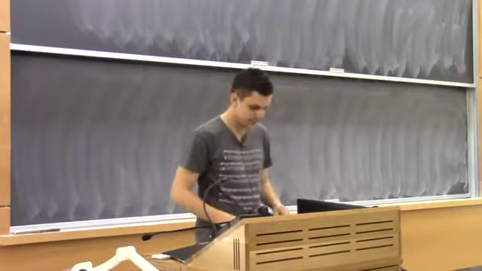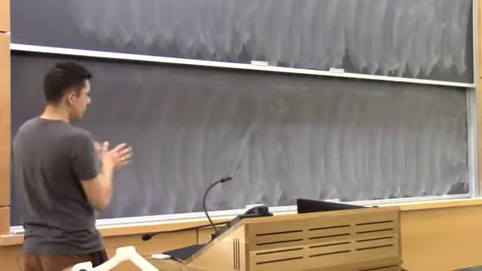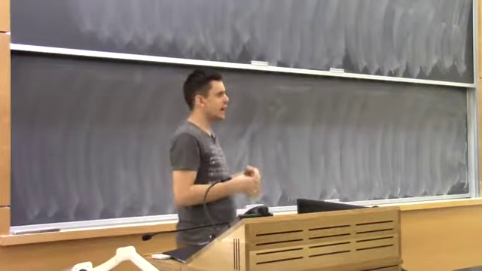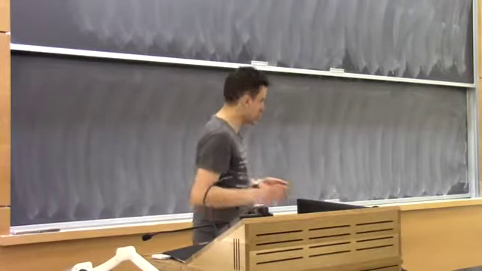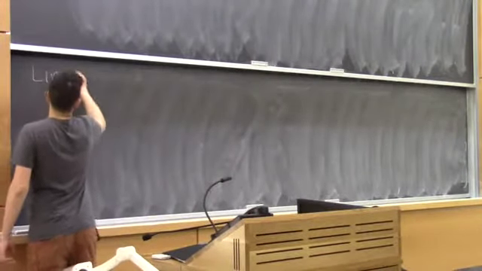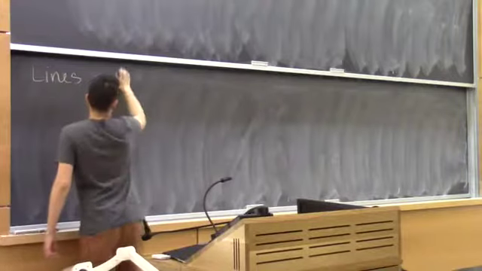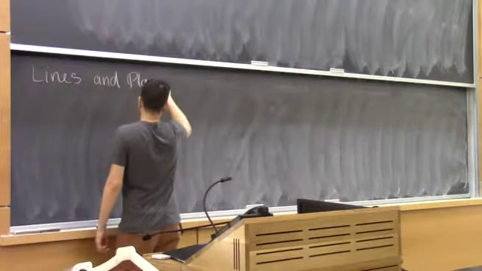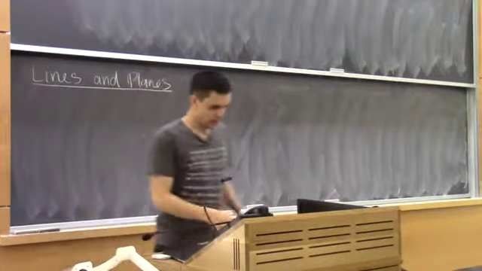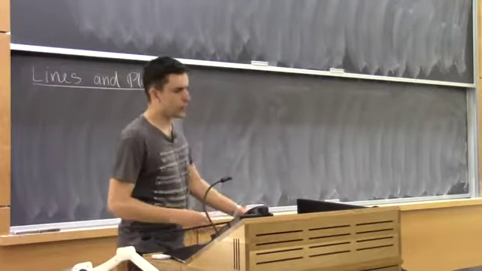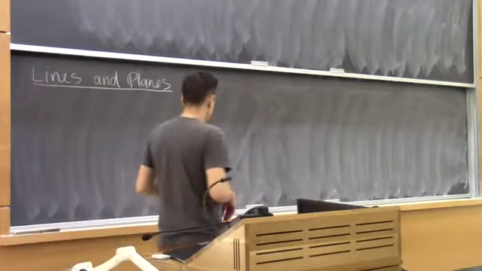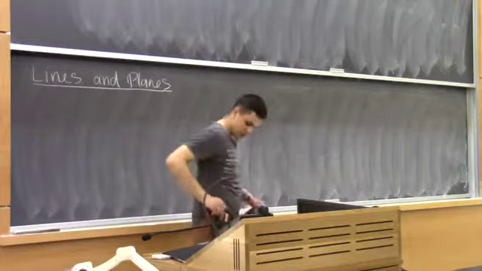Okay, cool. So we've talked about lines, we've talked about planes. So let's see some other stuff that we can do with lines. One of the things that we want to do with lines is determine whether they intersect or not, how they behave in space.